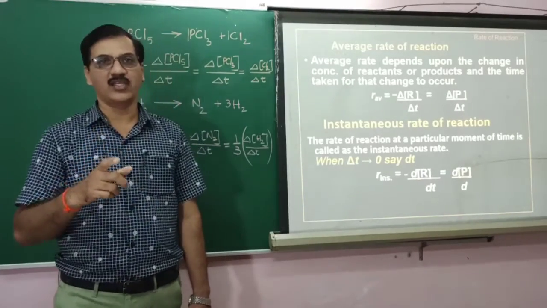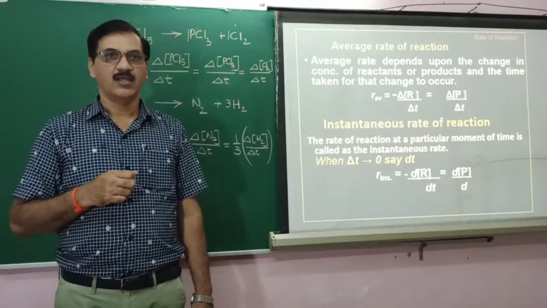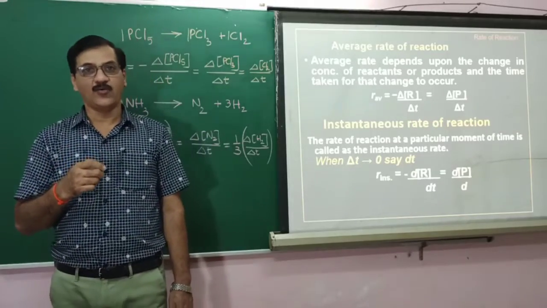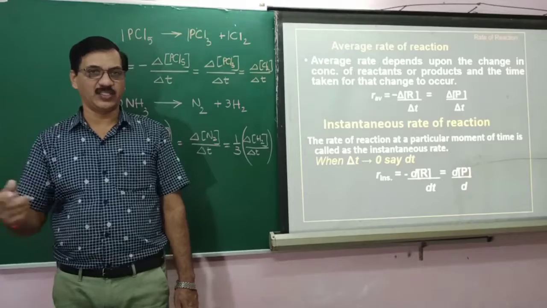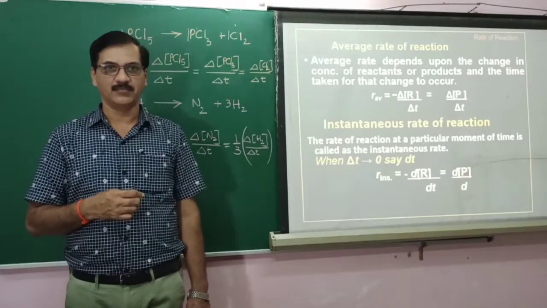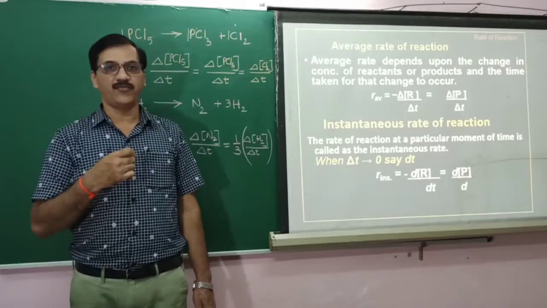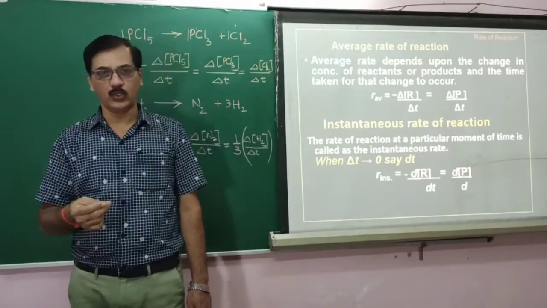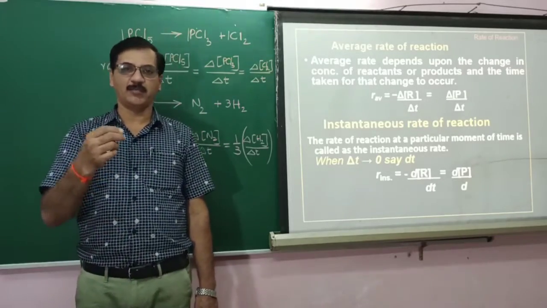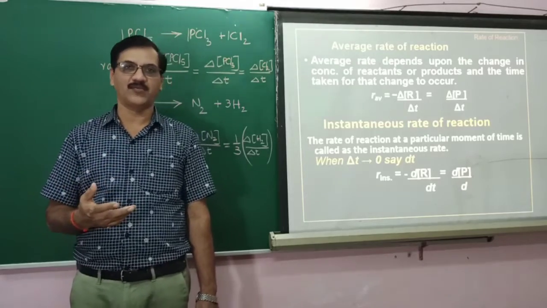Suppose you are going in your car, and you take 2 hours to reach your destination of 100 km. Then your average speed is 100 km by 2 hours, that is 50 km per hour.